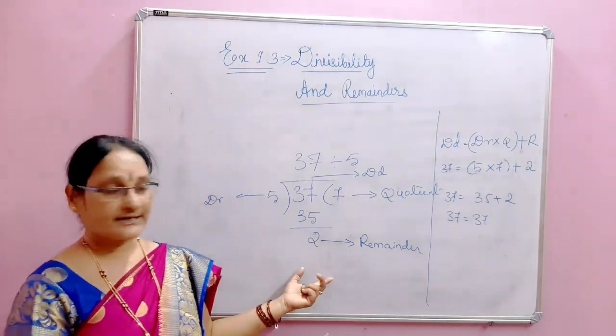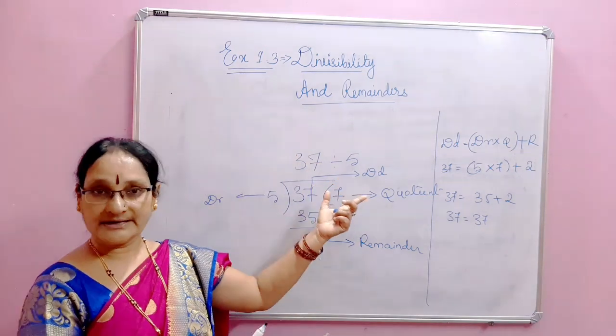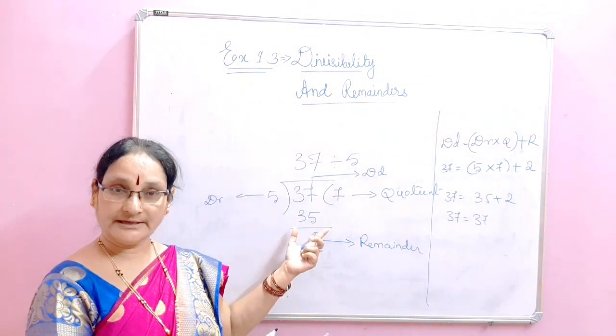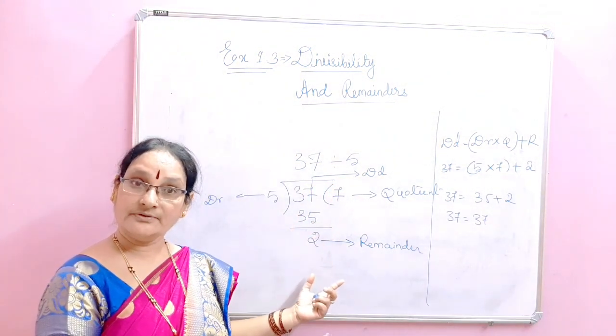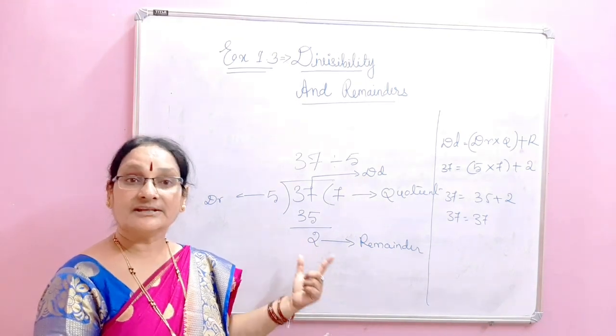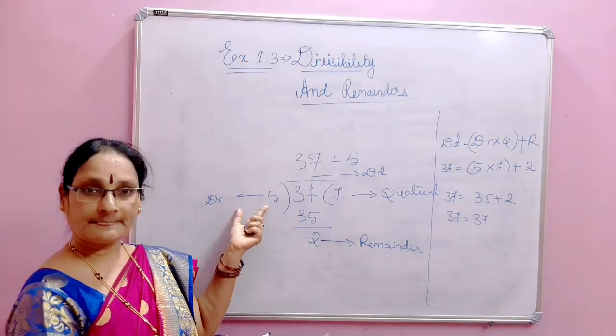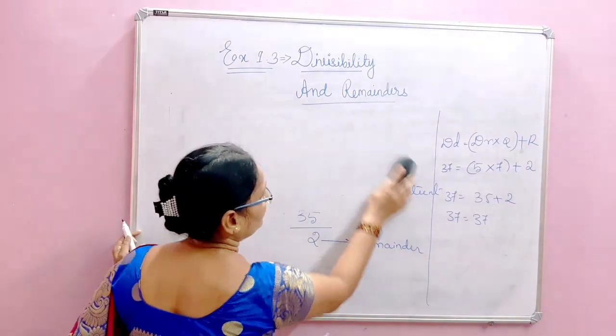See here children, divisibility and remainders. In divisibility, always the remainder will be smaller than the divisor. This is the divisor. Some more examples we will solve, then you can understand.